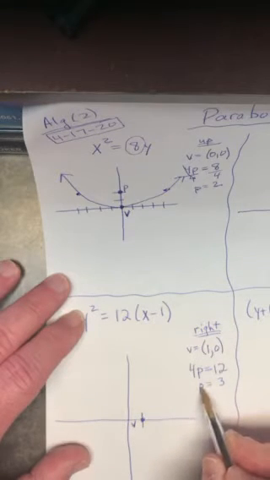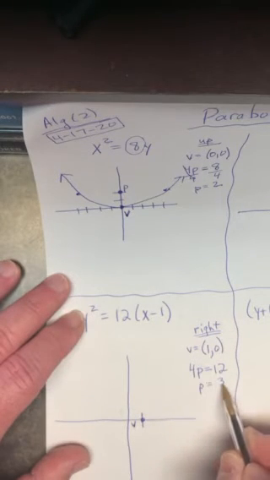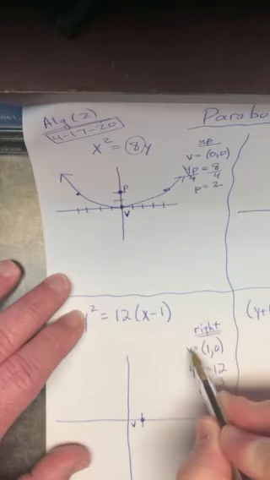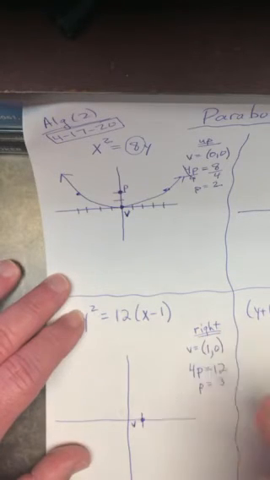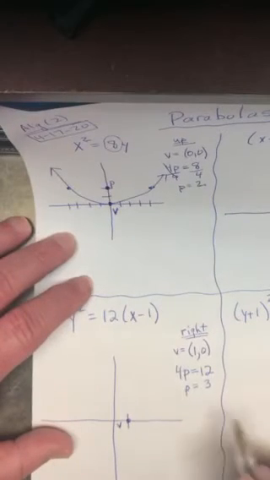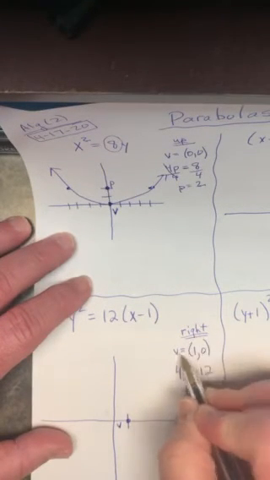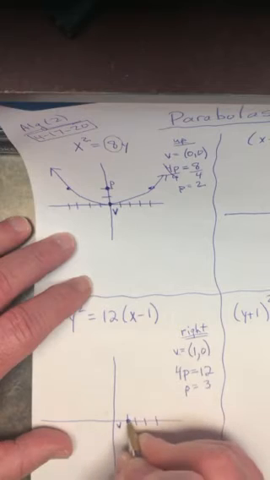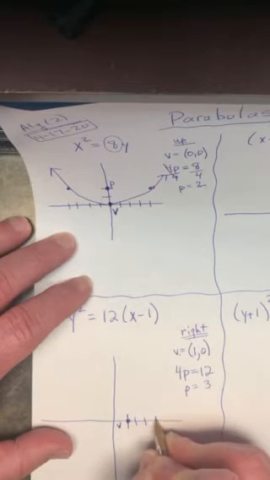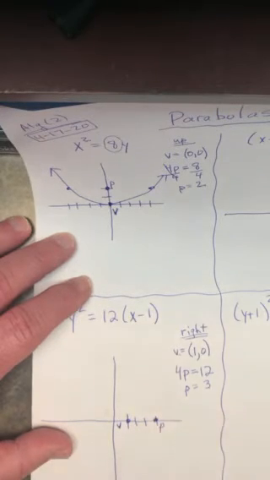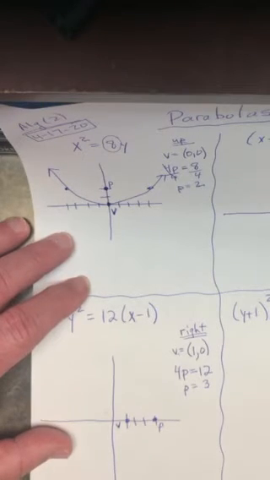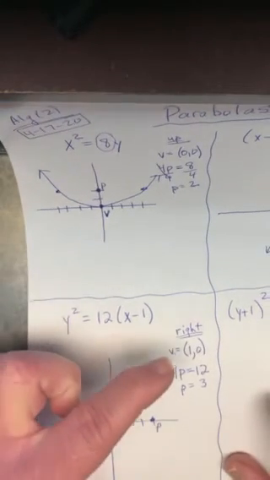Follow the bouncing pen. I have a point that's 3 units to the right of that vertex. It's all right there if you neatly write down your stuff. I have a point 3 inches to the right of the vertex. So I go 3 to the right, put a dot, that's my important point. Now remember, my parabola is pointing to the right, isn't it?